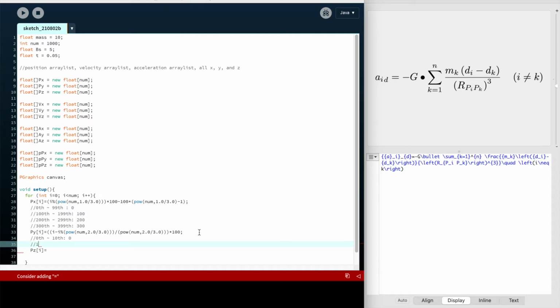And then the 10th object to 19th object is going to have 100.